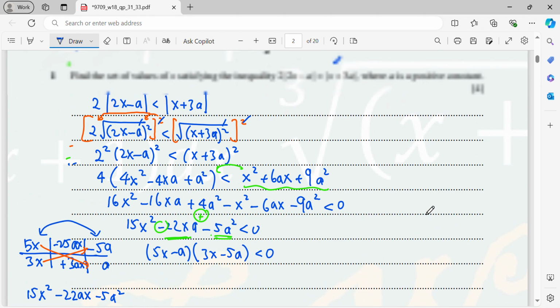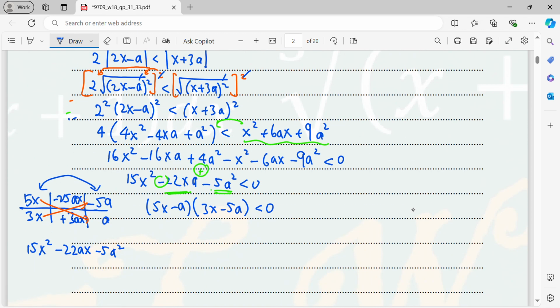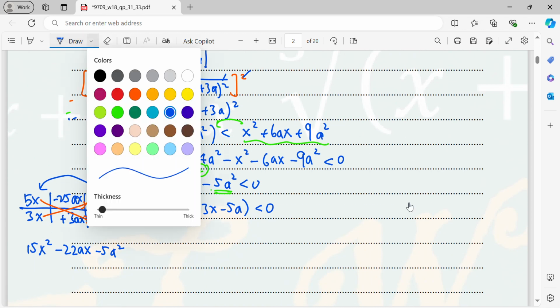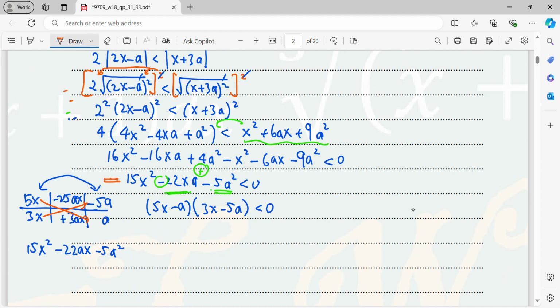Now, from the question, it's mentioned that a is a positive constant. Next step is to sketch this graph. Since the coefficient for x squared is positive 15, it has a minimum point. This will be the x-axis. When you let the first bracket be 0, 5x plus a be 0, your x will be negative a over 5.